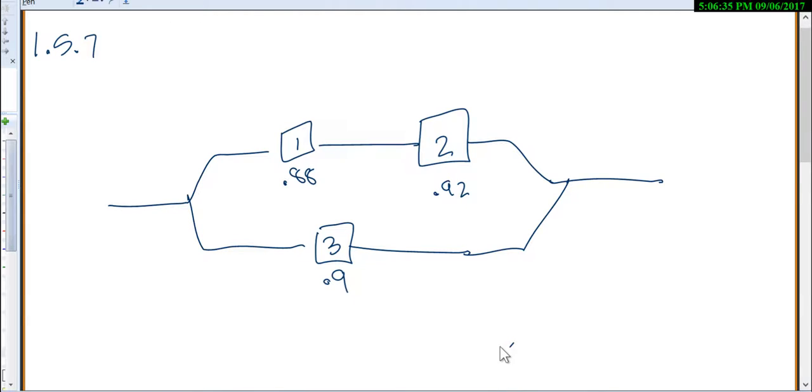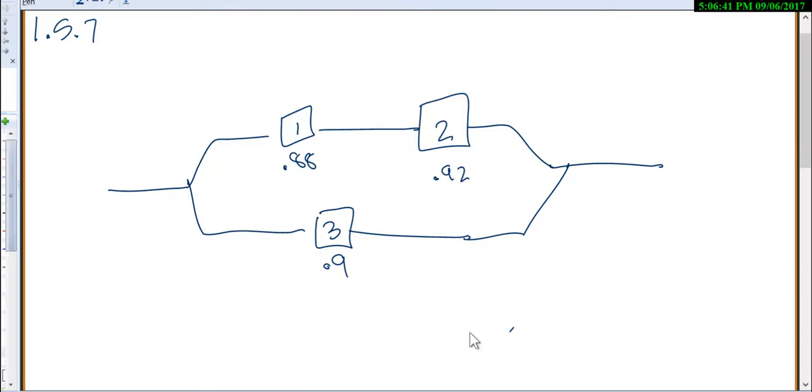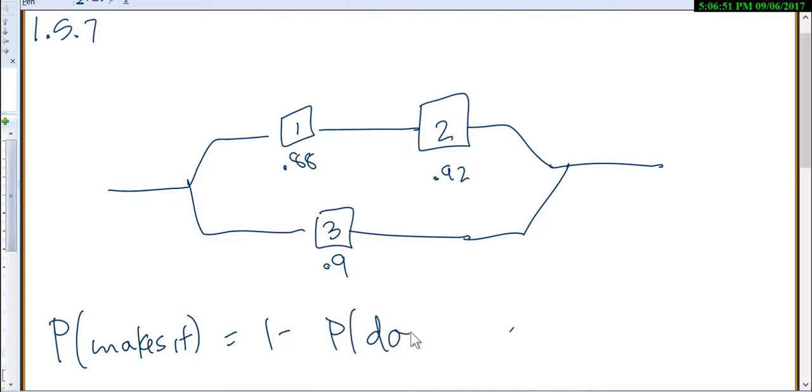Now, sometimes it's just easier to think about it not making it through. And so let's use the complement rule. So the probability that it makes it through equals 1 minus the probability that it doesn't make it.